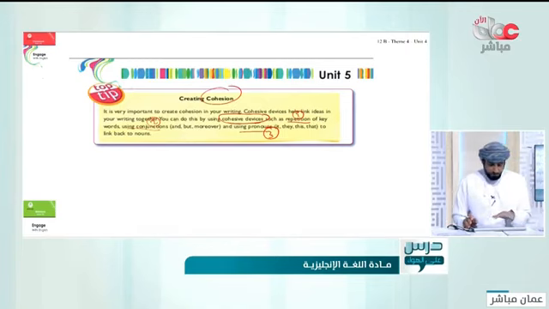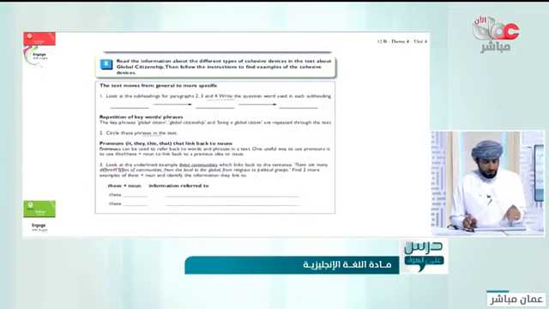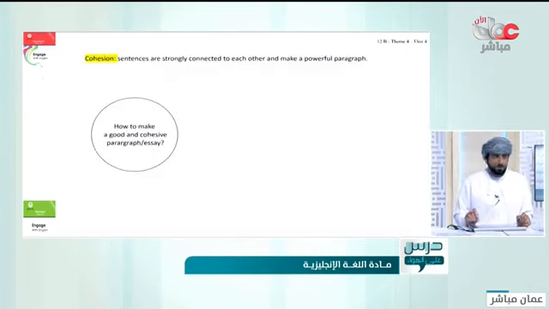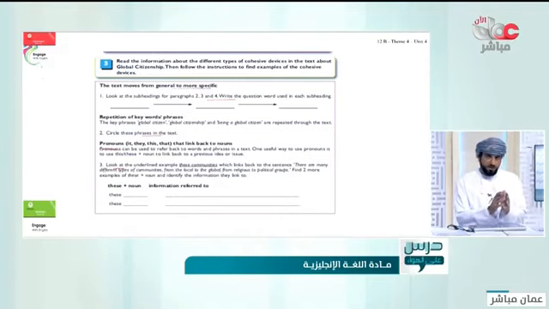Now, before going to the paragraph and the question about it, let me just check if we have time. Yes, we can do task 3. The text moves from general to more specific. It goes from globalization, which is the term that the writer discussed in general in the introduction, and of course was very short. Then we go very specific.